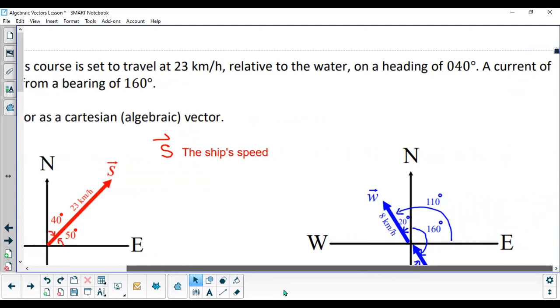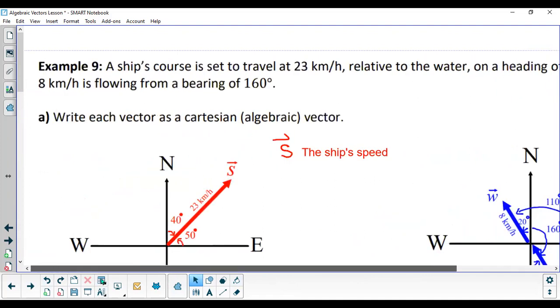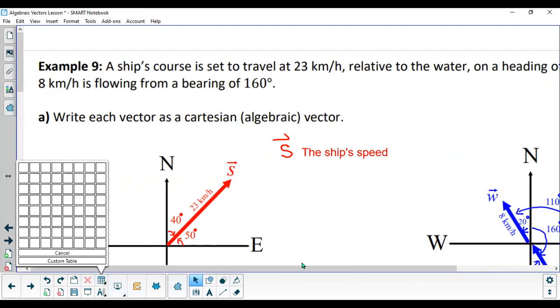And that's 40 degrees from north, clockwise, right? A heading of 40 degrees, we know that is going to be the angle from north, clockwise. It says a current of 8 kilometers per hour is flowing from a bearing of 160 degrees.